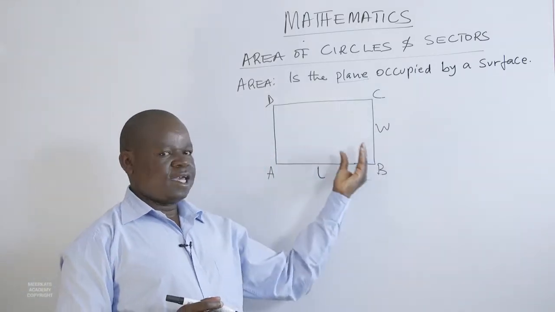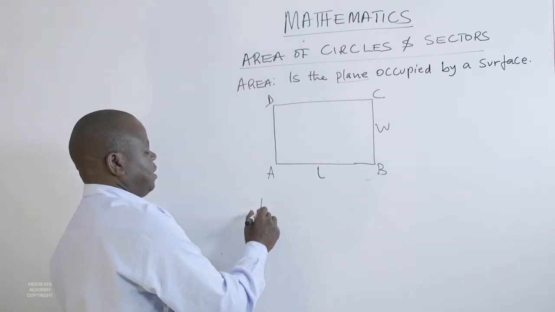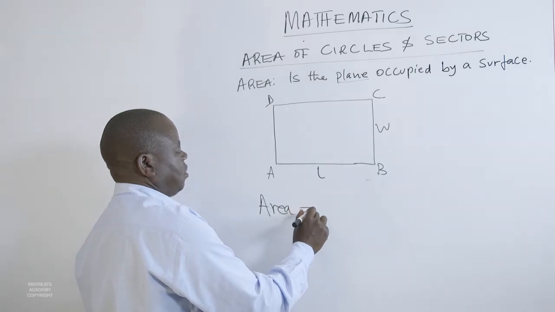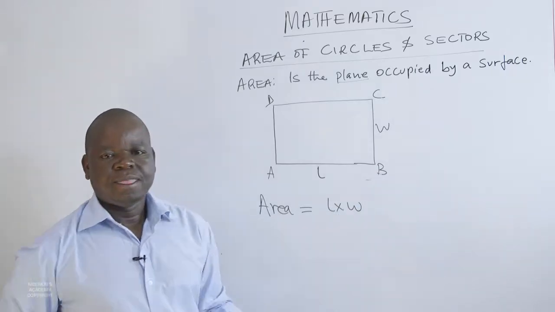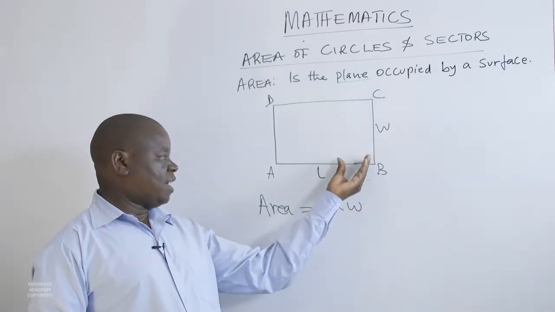So to get the area of that plane, if you multiply length by width, you will get the area of the plane.